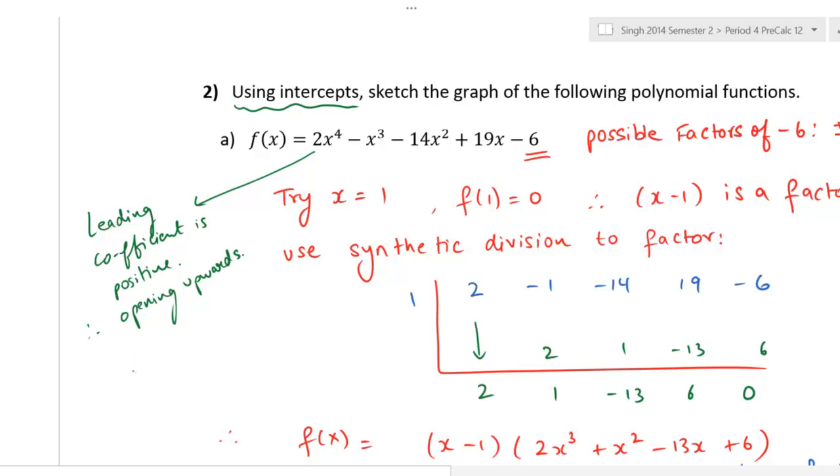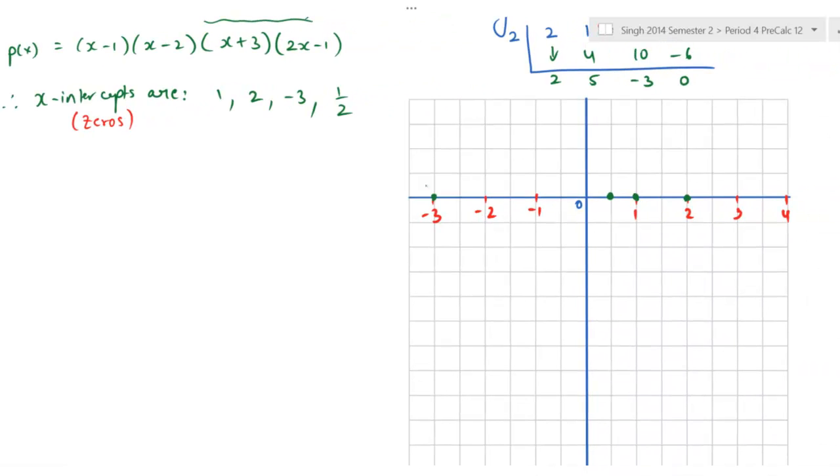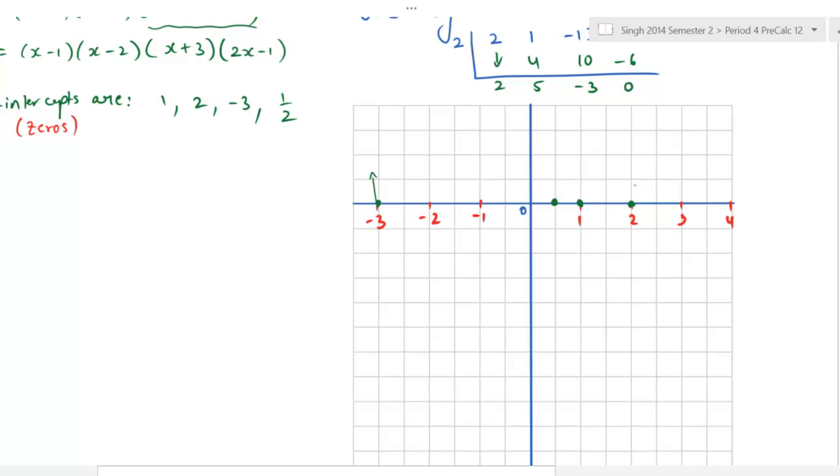So I know that the general shape I should expect of this graph is sort of a W opening upwards. And now I've got my 4 intercepts that I can work with. I just need to fill in the gap. So I know that I'm going to have a graph going upwards from here. I should have a graph going upwards from here. I just need to fill in the gaps.